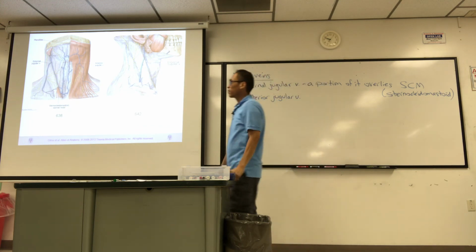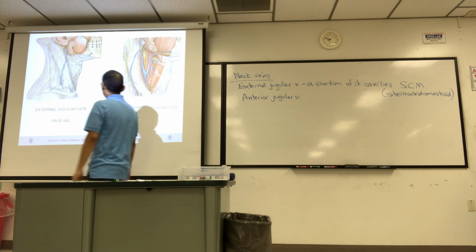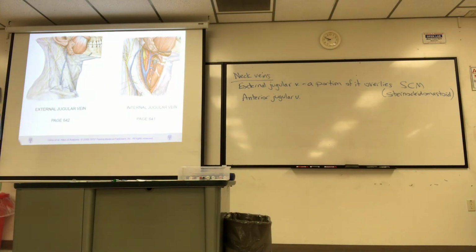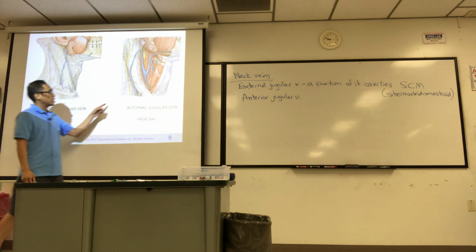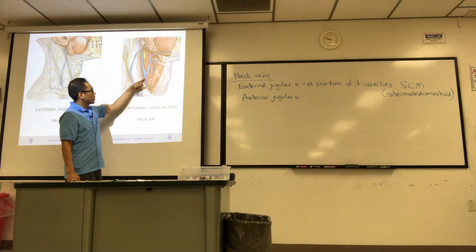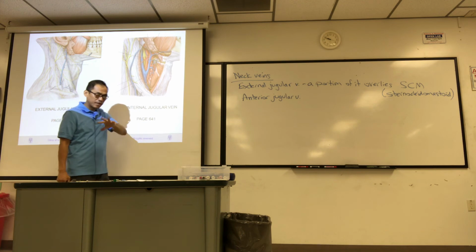It's anterior. The way to find the internal jugular vein is the picture on the right. If you do a dissection and pull the SCM back, you should see the internal jugular. It's in a sheath called the carotid sheath.